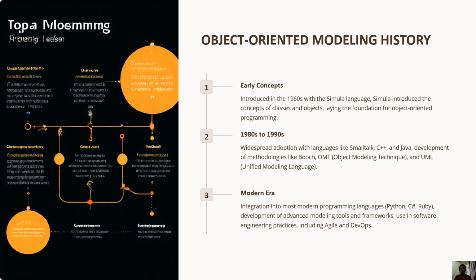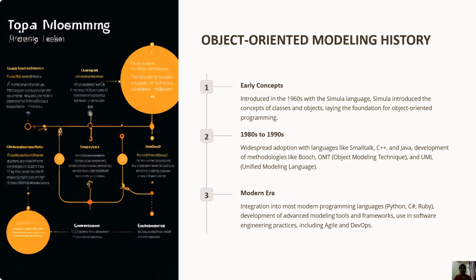This was the early concept around the 1980s, when it usually started to be introduced. Moving forward, in the modern era, we look at how it got developed and modified. In the modern era, it has been integrated into most modern programming languages like Python, C++, and Ruby, along with the development of advanced modeling tools and frameworks, and engineering practices including Agile and DevOps.